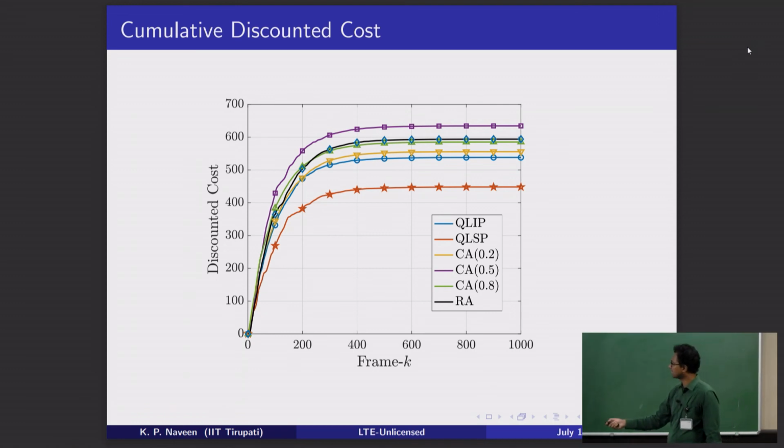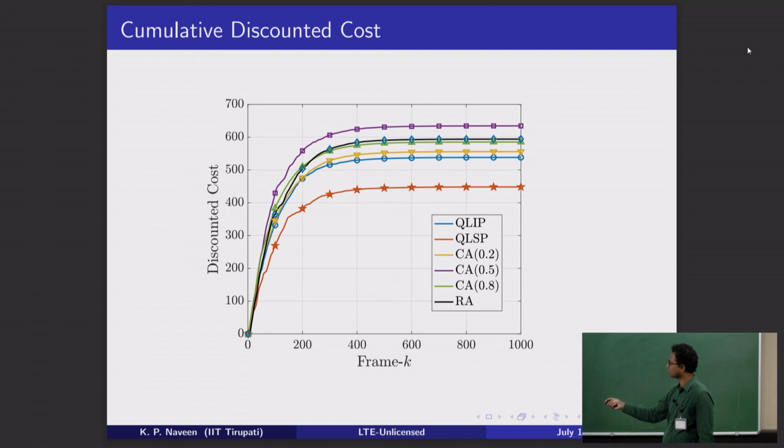Now here are some results. This is time, actually the frame index, and this is the discounted cost. We see that the steady phase learning algorithm gives better results.